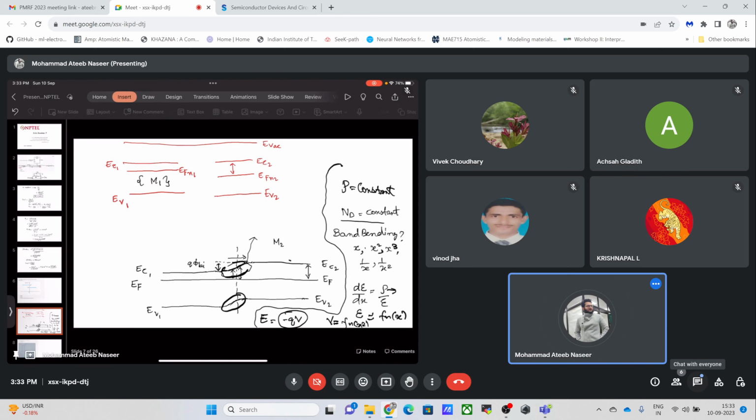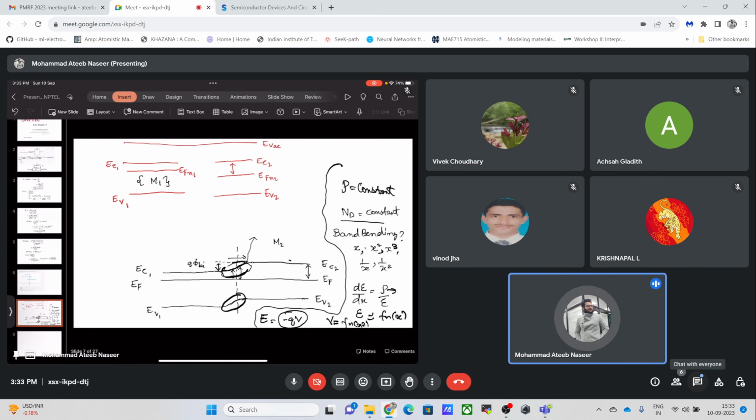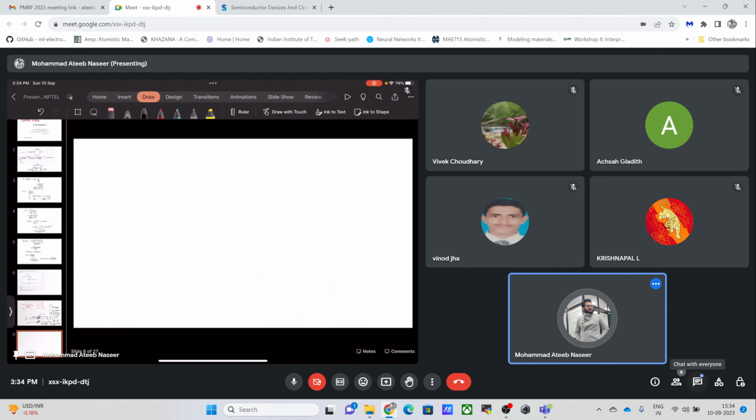So if we need to find this built-in potential, which is simply the difference between the conduction band edges, I can write q phi bi is simply EC2 minus EC1, which is at bulk.